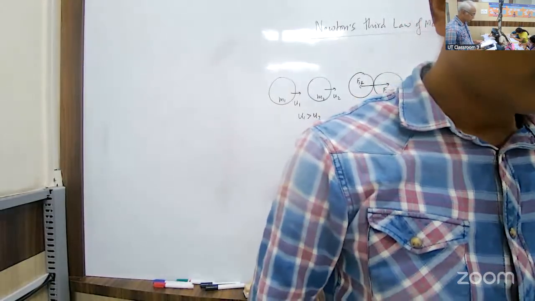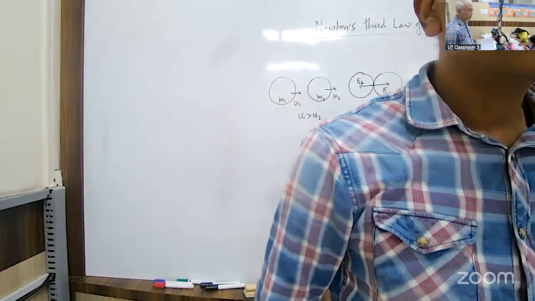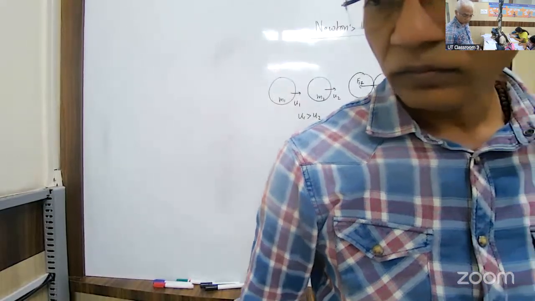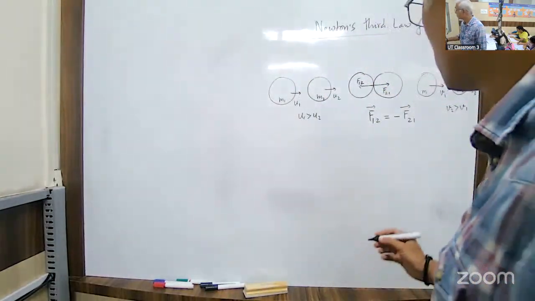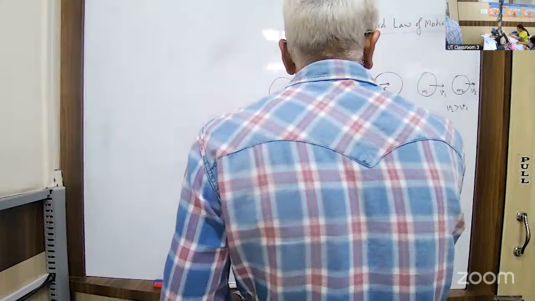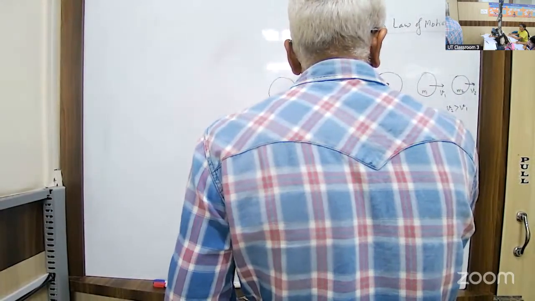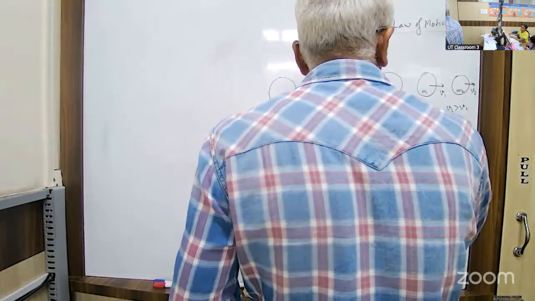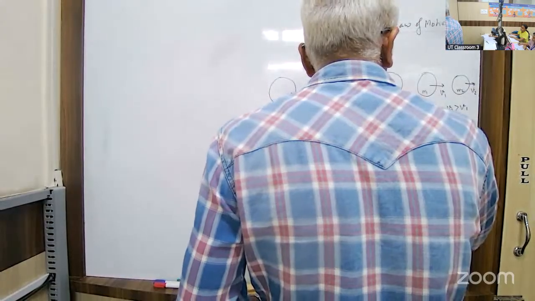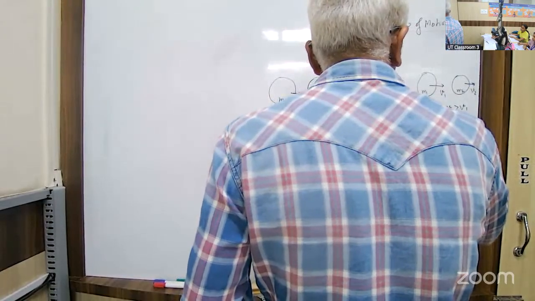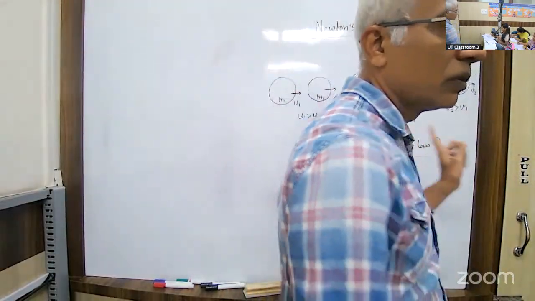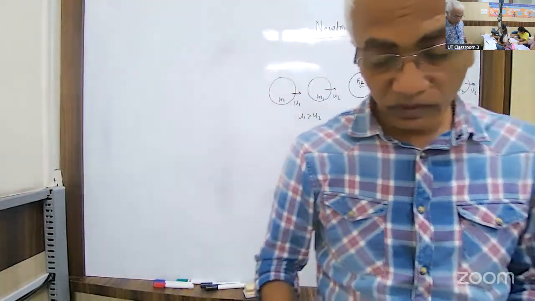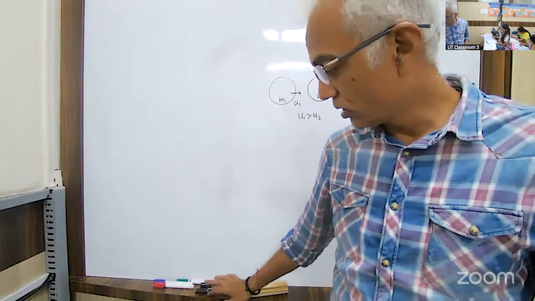Action and reaction forces do not cancel each other. Let's look at examples of third law. Remind me. We will discuss the examples of third law in the next class.